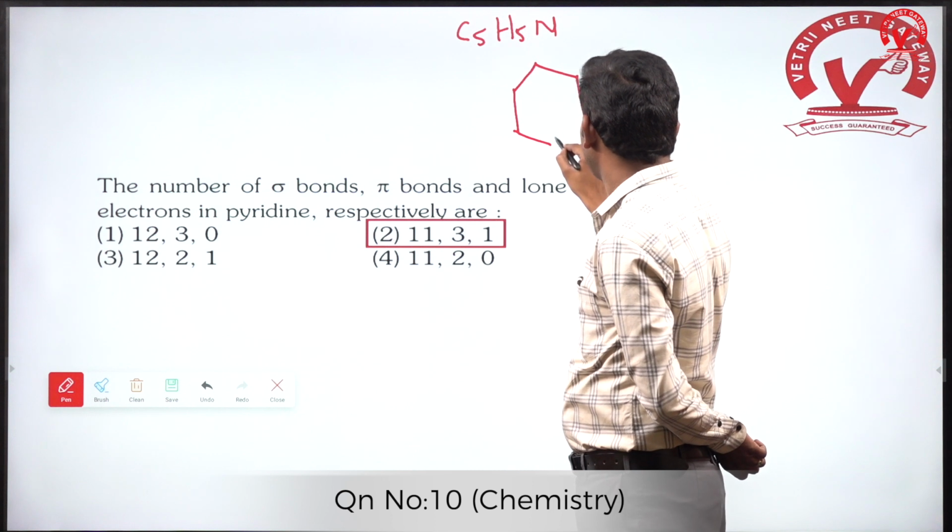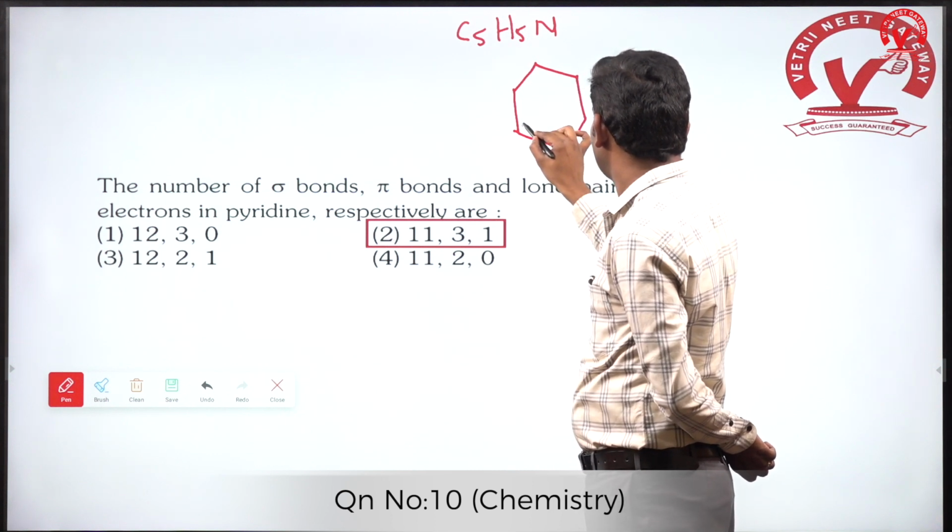One place of a carbon, one nitrogen will be there, then a double bond.